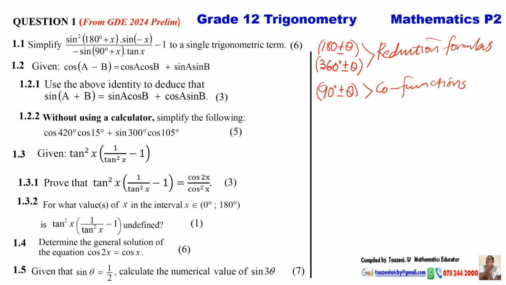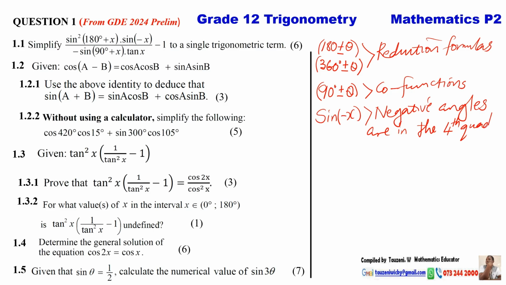Then we have a negative angle there. We are given the sine of negative x. What do we know about negative angles? Negative angles are in the fourth quadrant. That is something to remember all the time. So we know that negative acute angles are in the fourth quadrant. Now in the fourth quadrant, cos is positive, but sine and tan are negative.